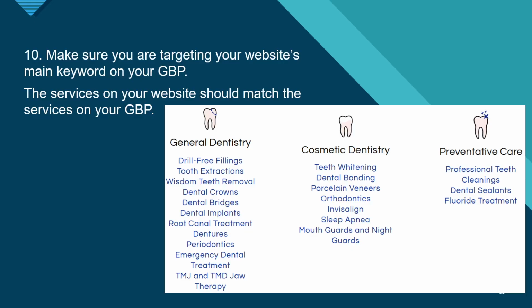Also, the services on your website should match the services on your business profile. So if you have a lot of services like most dentists do, and here it is divided up into different categories, you want to have all of those services on your Google Business profile because Google looks at your website and it looks at your business profile.